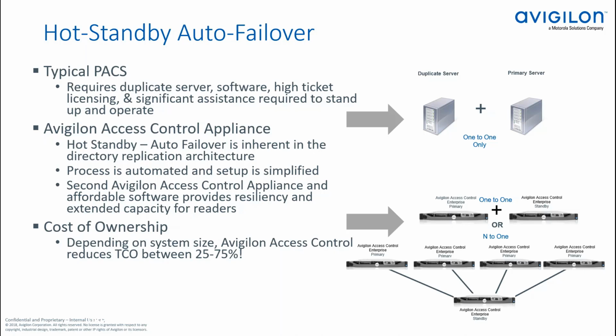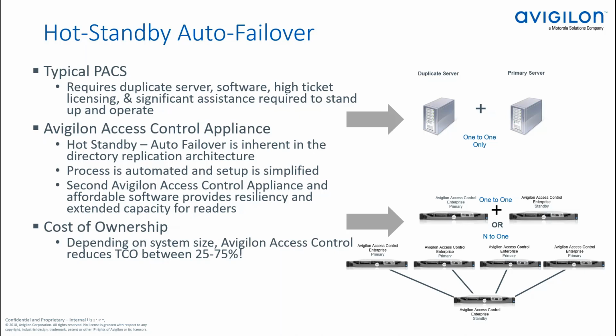Especially if you're doing it Windows-based, it requires Windows clusters, SQL licenses, and so on. ACM does not require any of that. All the functionality to create the replication is built within ACM. Same for hot standby. And we offer it in a couple of different ways.